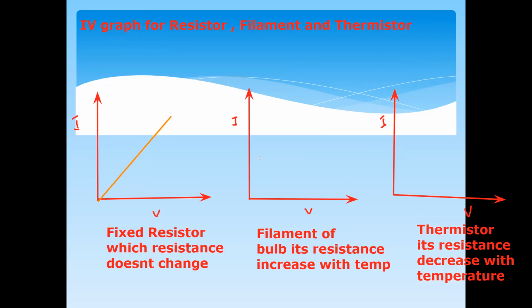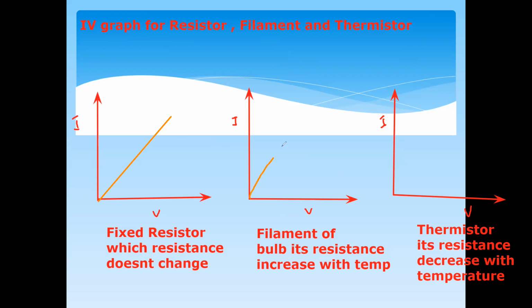But when we sketch an IV graph for a filament, because what happens when we use a filament bulb, it produces heat energy as well, and due to this heat energy the temperature of the filament increases. If the temperature increases, the resistance will also increase, and the rate of flow of charges, the current, starts to decrease.